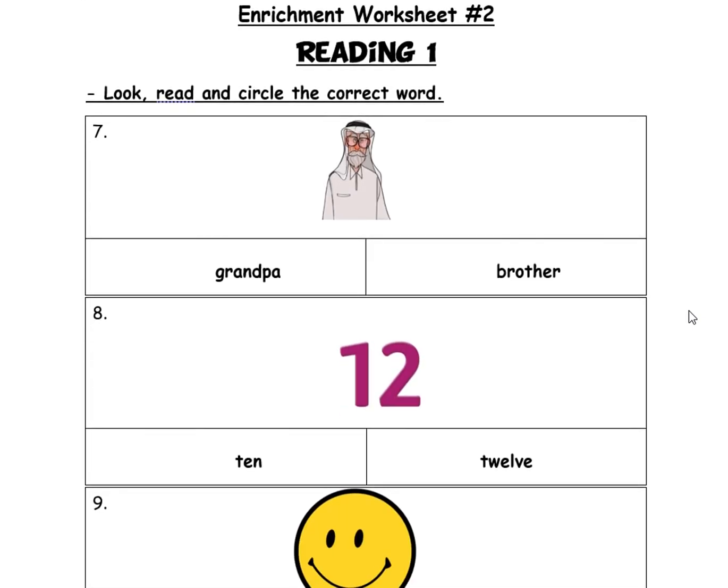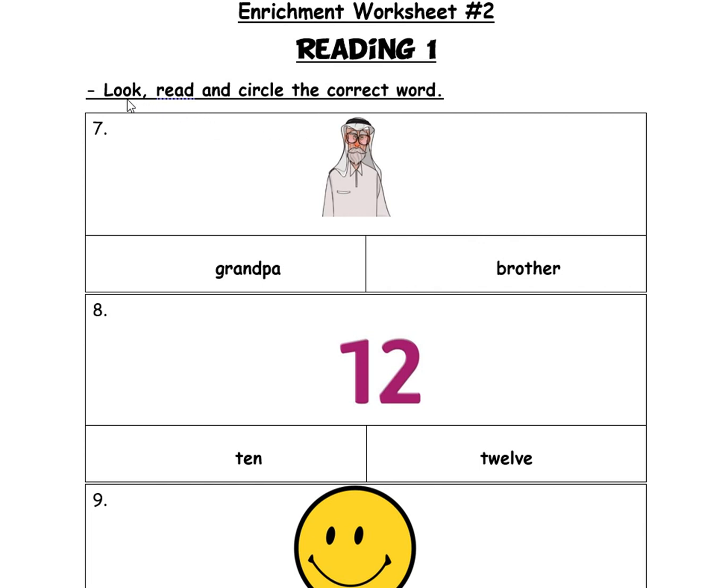It says here, look, read, and circle the correct word. So number 7, we have this picture. So this picture, is it grandpa or brother? Of course it is grandpa. So we circle it.